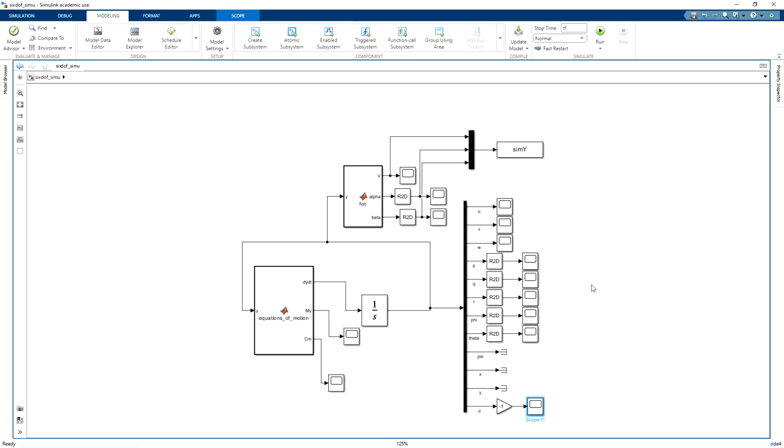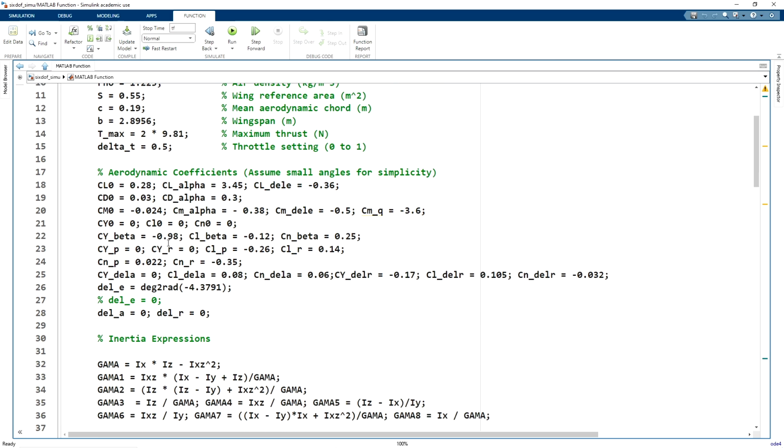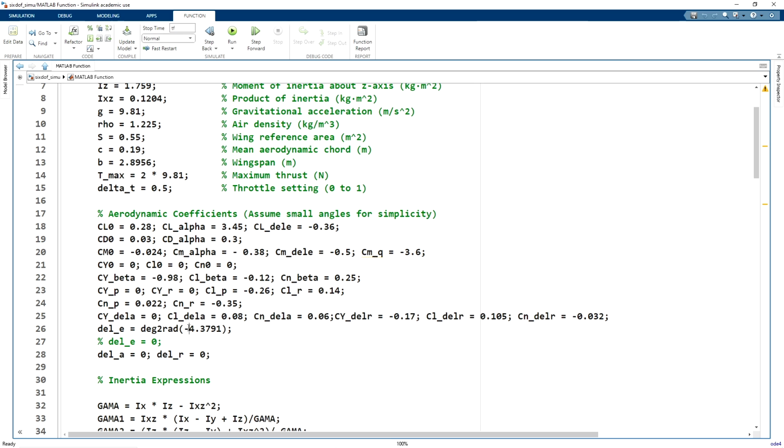What I also want you to do is change this delta E, the trim elevator deflection, to any arbitrary value and see what happens. I leave this as an exercise to you. Similarly, you can change delta A, delta R and observe what is actually happening.